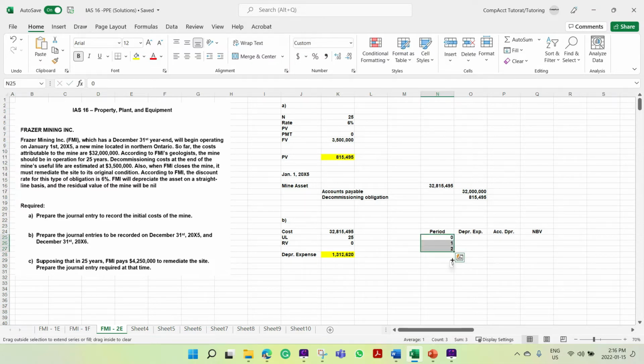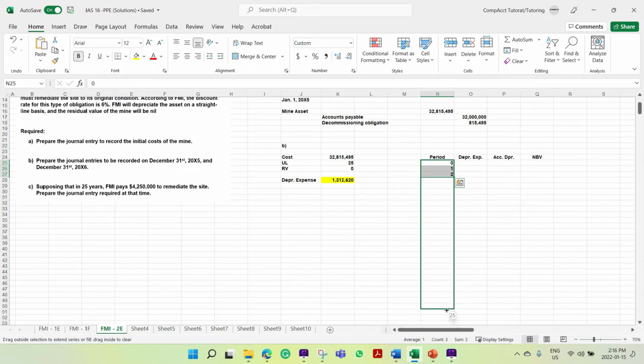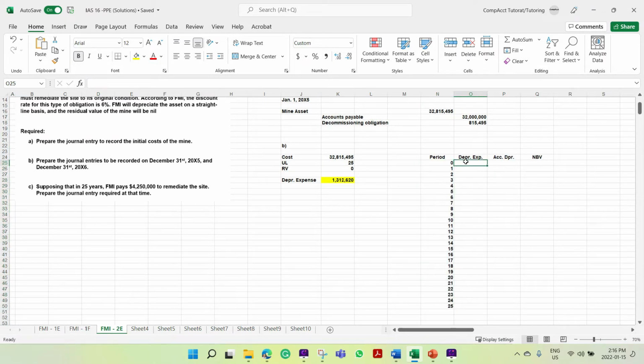my table. I gotta go all the way down to 25. Okay, 25 years. My depreciation expense, because it's a straight line method, is a consistent number. So I'm gonna borrow it and I'm gonna lock it. Accumulated depreciation, I'm gonna use the cell above, that's empty for now, and then plus the depreciation expense for each year, okay? And then the net book value, we know that figure right here, okay?